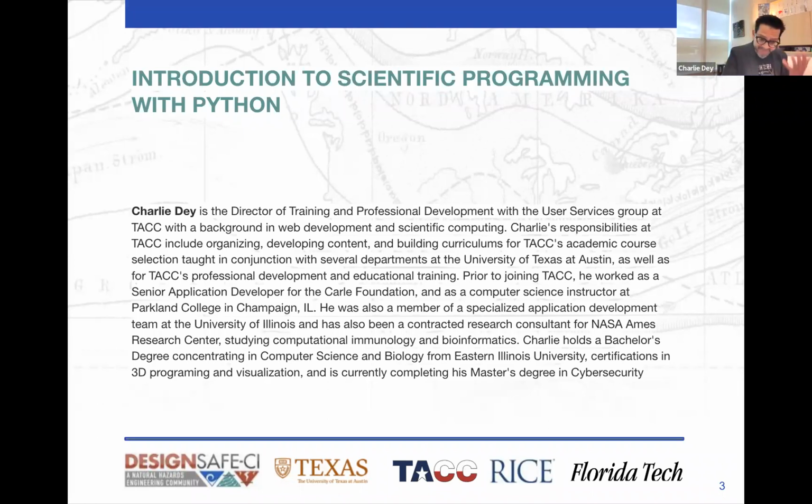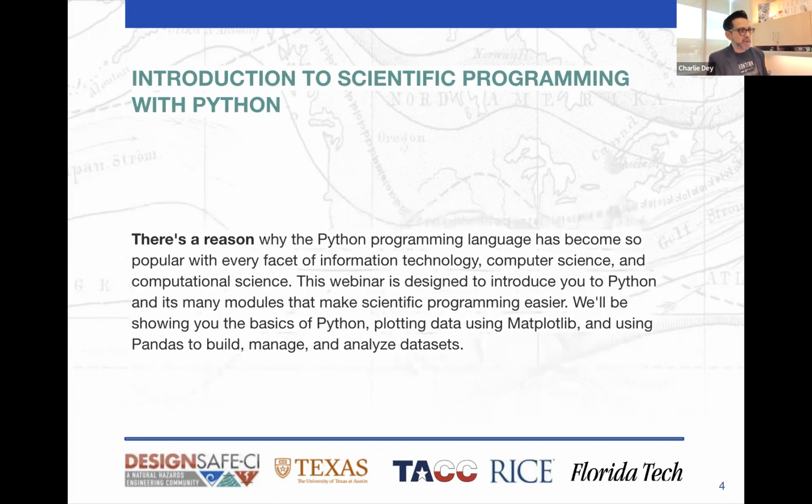That scientific programming background is why I decided to look at doing scientific programming with Python. It's nothing new; we've been using Python for scientific programming for a very long time. But what Python gives us is the ability to morph it as we need it. Python is a great programming language. We use it for our DevOps, and a lot of DesignSafe is written in Python.